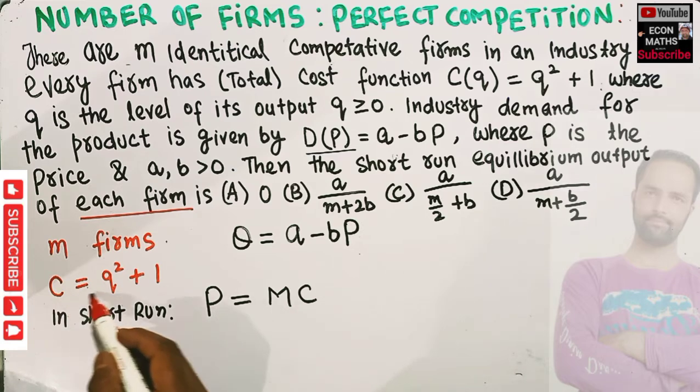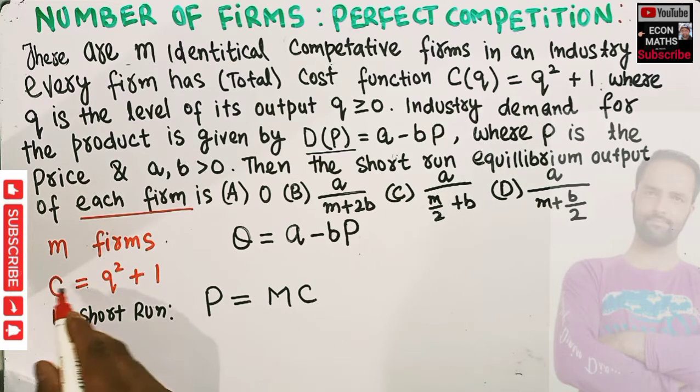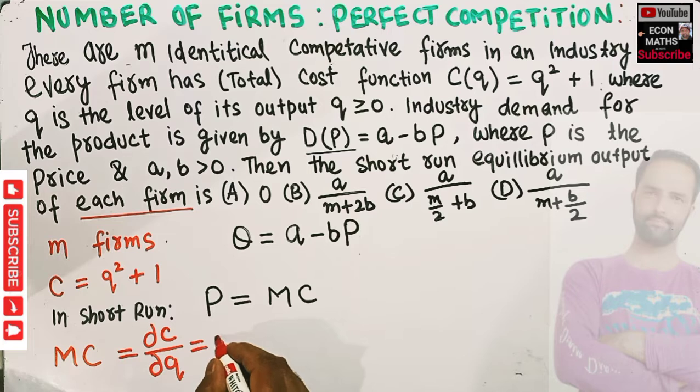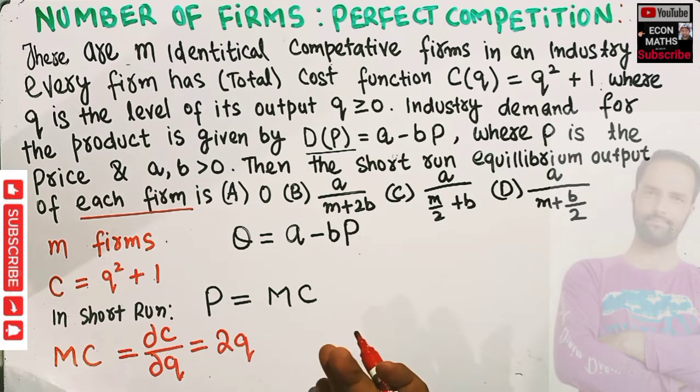Marginal cost is simply the derivative of total cost with respect to quantity, dC/dq. The derivative of q square is 2q, and the derivative of a constant is 0.